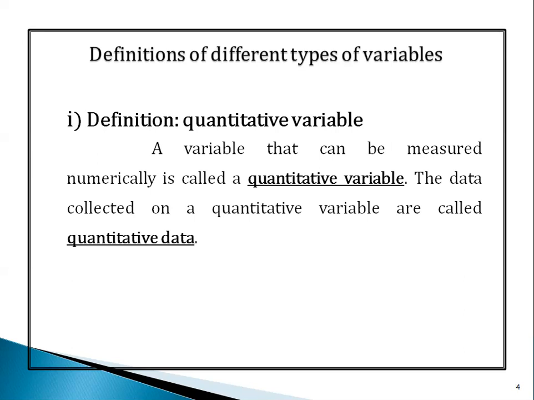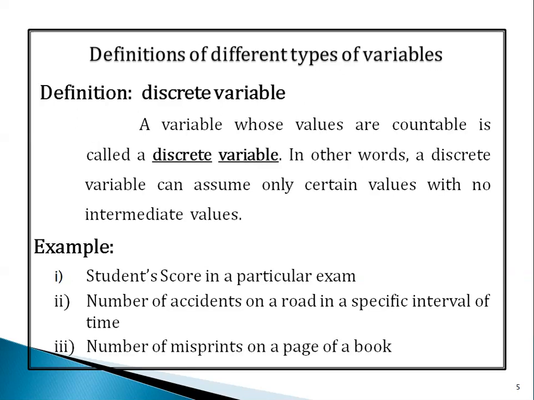Now we will see them one by one. Quantitative type of variables. Definition: a variable that can be measured numerically is called a quantitative variable. The data collected on quantitative variables are called quantitative data. Discrete type of variables. It can be defined as a variable whose values are countable.